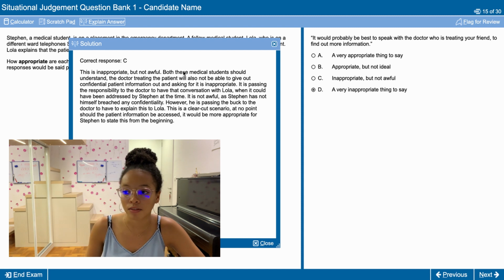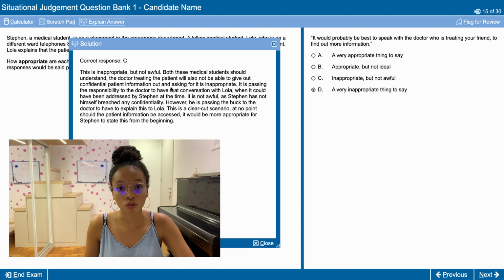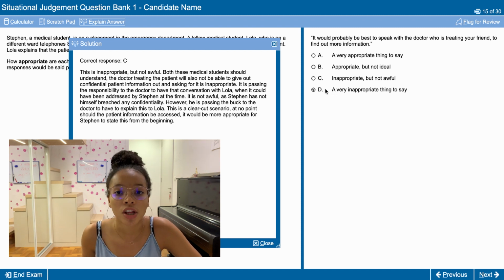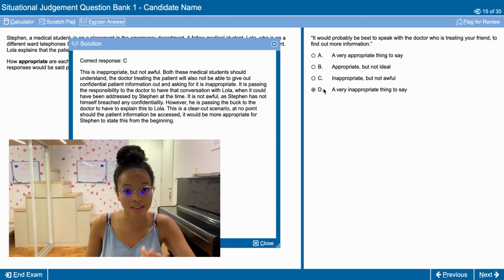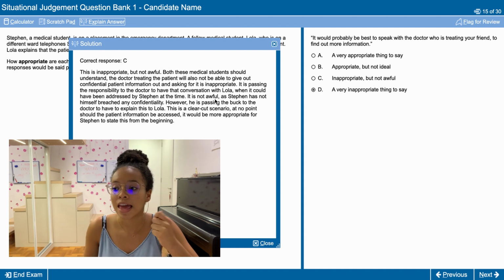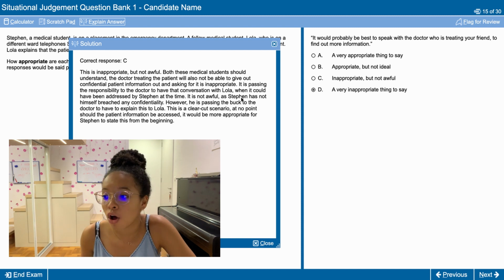So you see, everything that's read here is what I told you just before, but I still put a different answer. So reading the corrections, even though your reasoning is the same, is always really important because it gives you the precise answer. They tell you it's not awful because he has not breached any confidentiality. Even though he's passing the buck to the doctor to explain to Lola, it's a clear-cut scenario. At no point should the patient information be accessed.